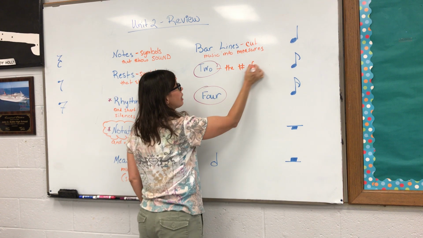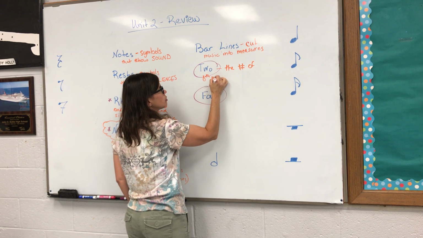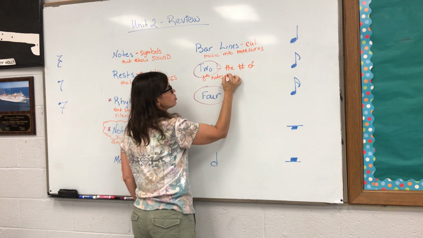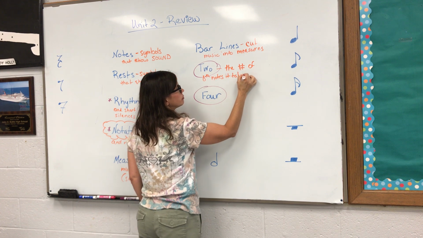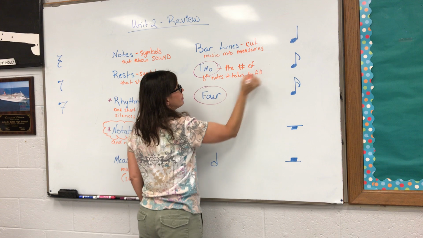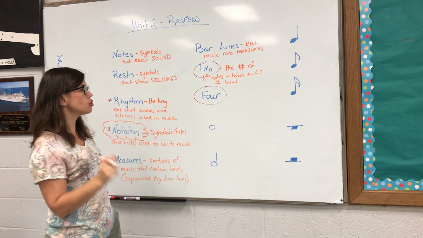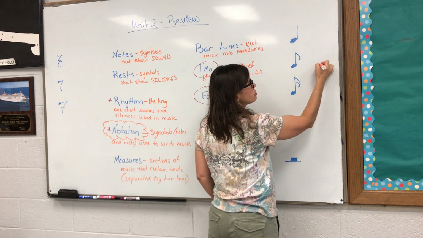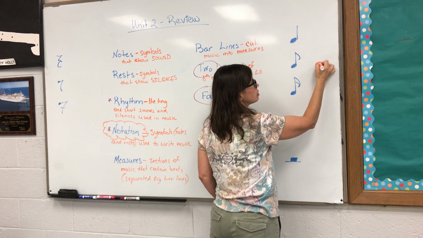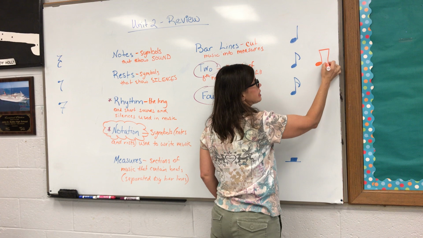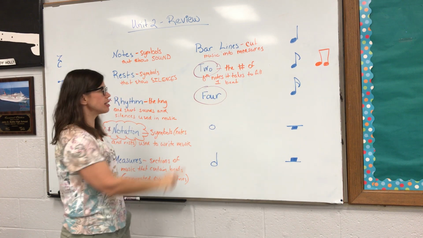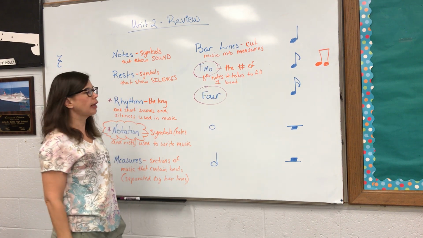The number of eighth notes it takes to fill up a beat. It fills one beat. Remember I showed you with the eighth notes, and I'm going to write it over here by the eighth note, that it takes 2 of them to fill up one beat. That's why the number 2 is on there, okay?